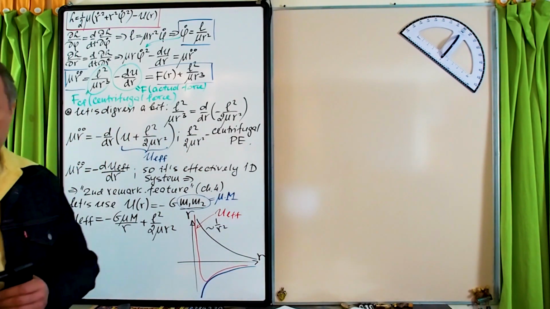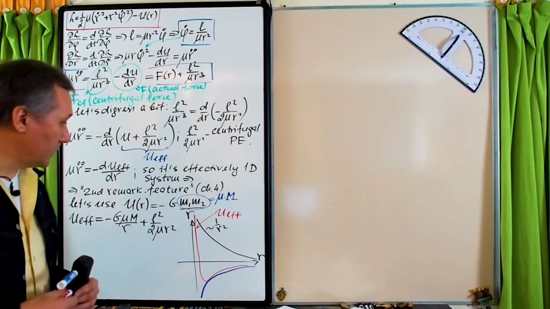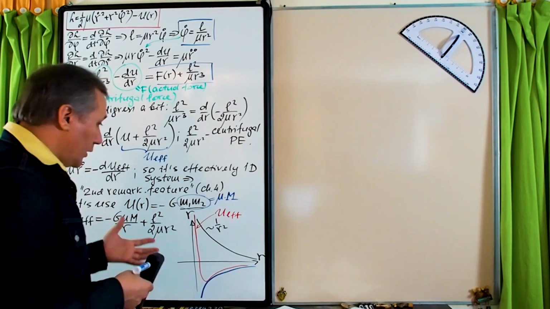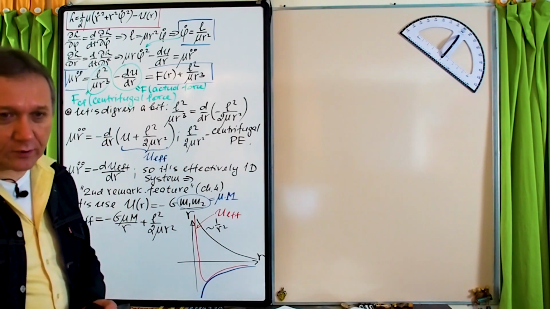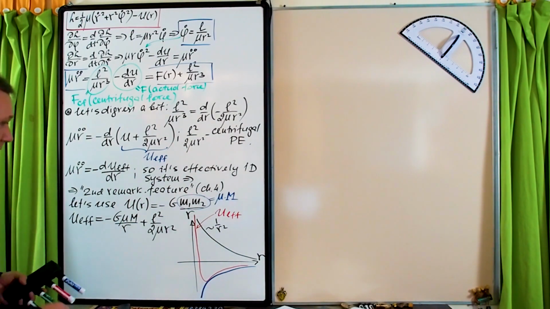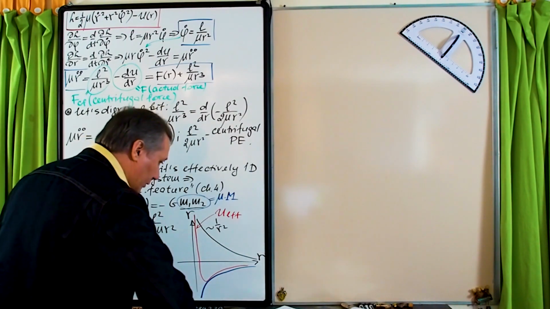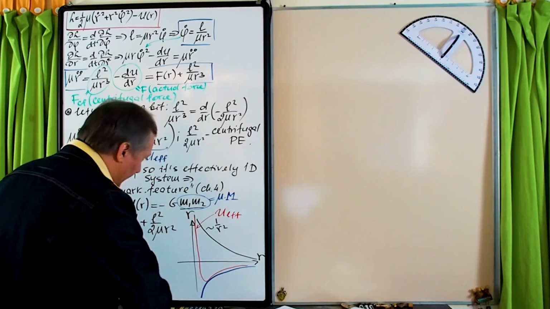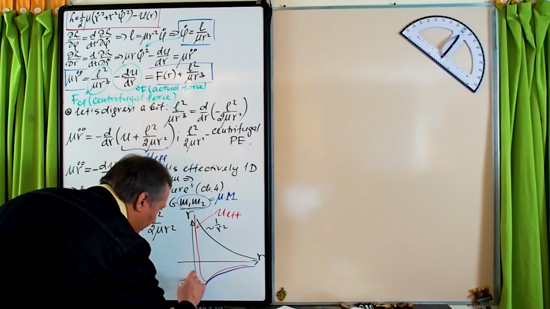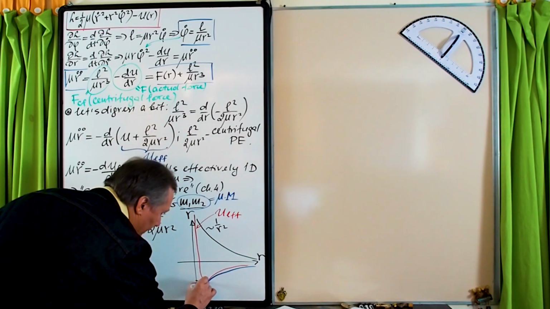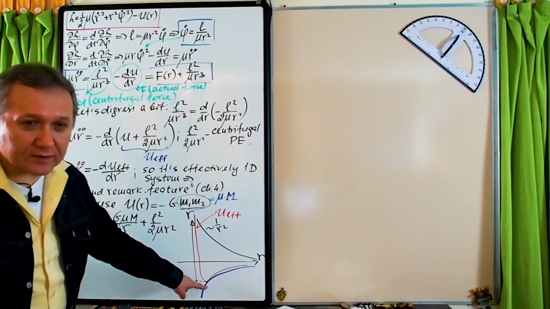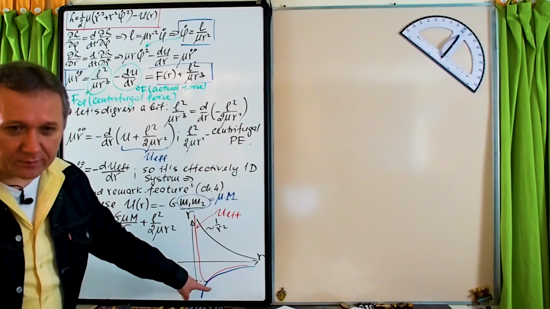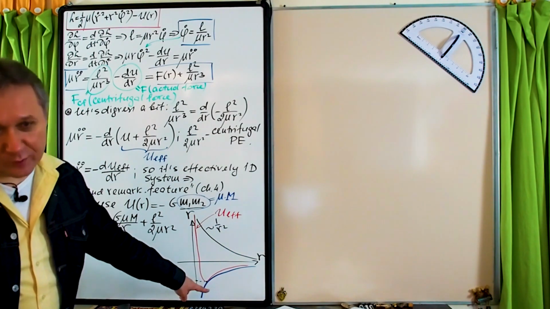Now you can analyze its behavior. Of course, it depends on the total amount of energy that you provide to your system. Let me use black. If you provide this amount of total mechanical energy, the system can exist only at that point, and R will be fixed.